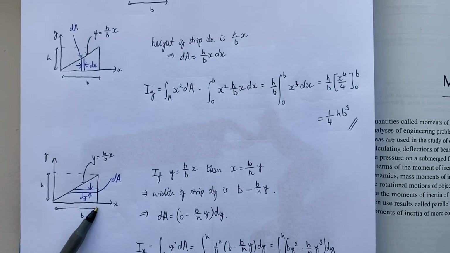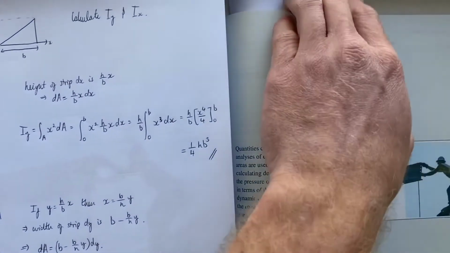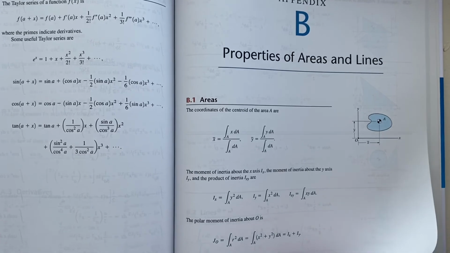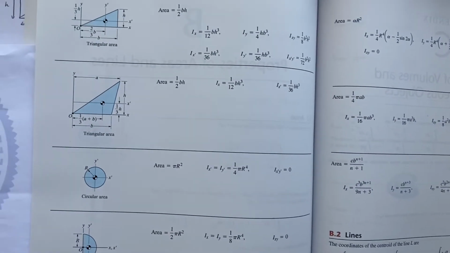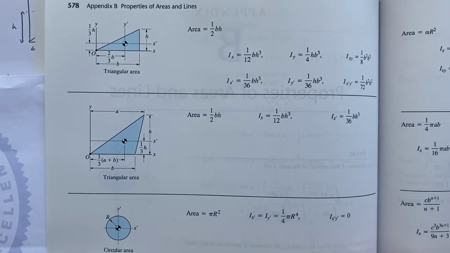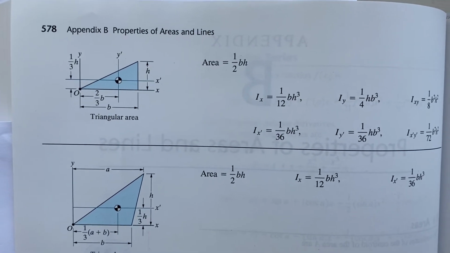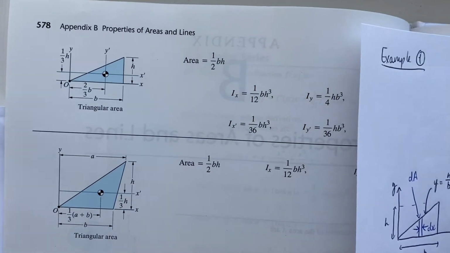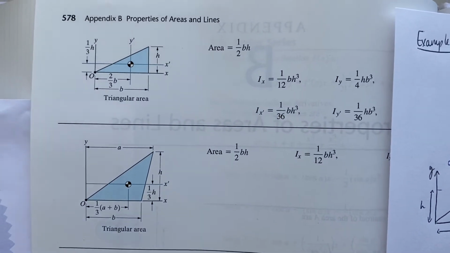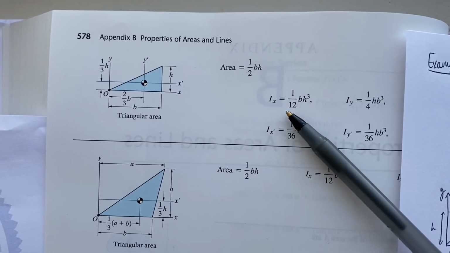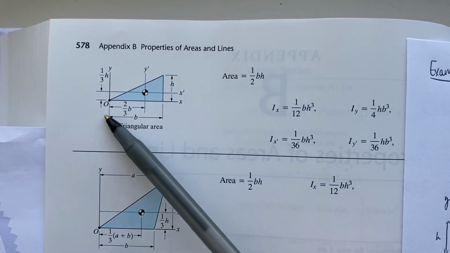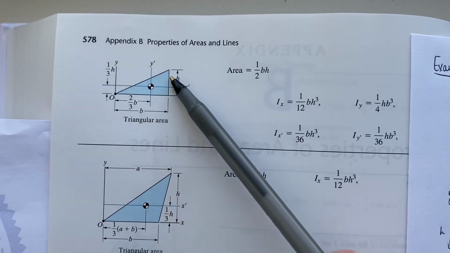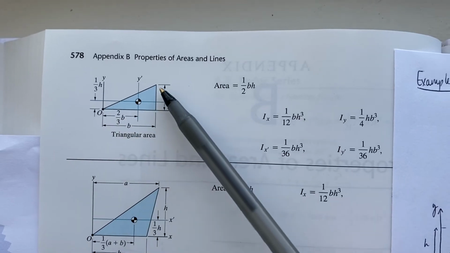Now for a standard shape like a triangle, we can use the appendix in the back of the textbook to check our answers. So let's find the results for a triangle. Here we go, look, page 578, and we can see that the moment of inertia about the x-axis is 1/12 bh cubed, where our dimensions are given like we just used in the example question: base b, height h, same orientation of the triangle.